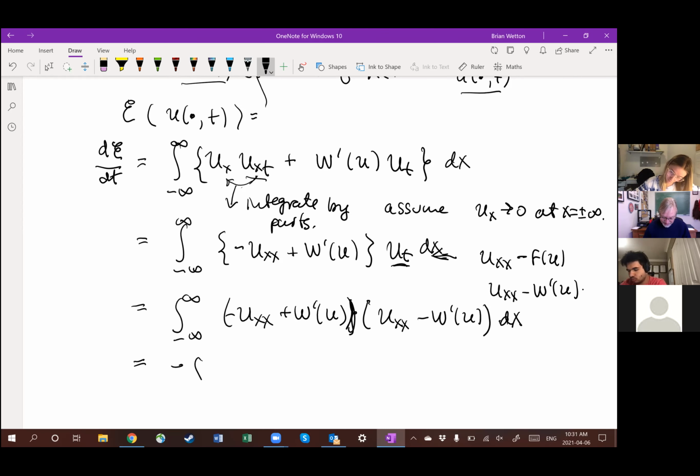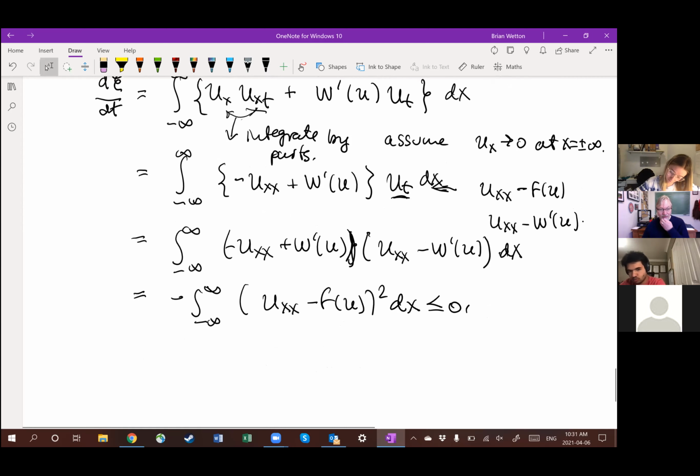So this is minus the integral from minus infinity to infinity of (u_xx minus f of u) squared dx, which is less than or equal to 0. So if you follow this energy on solutions of the Allen-Cahn equation, then this energy has to decrease.